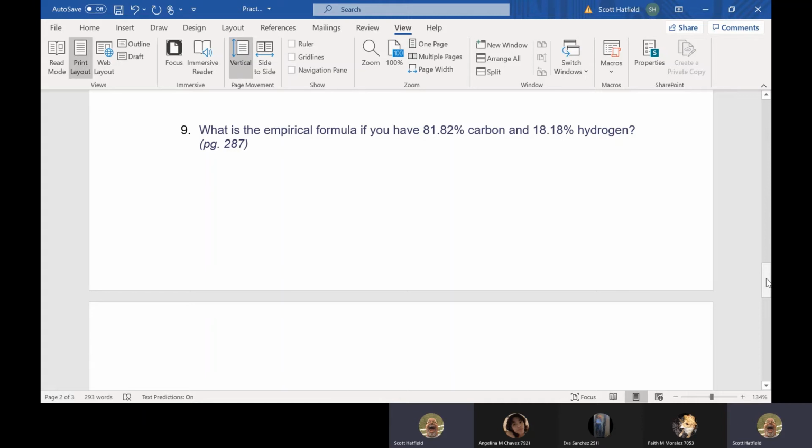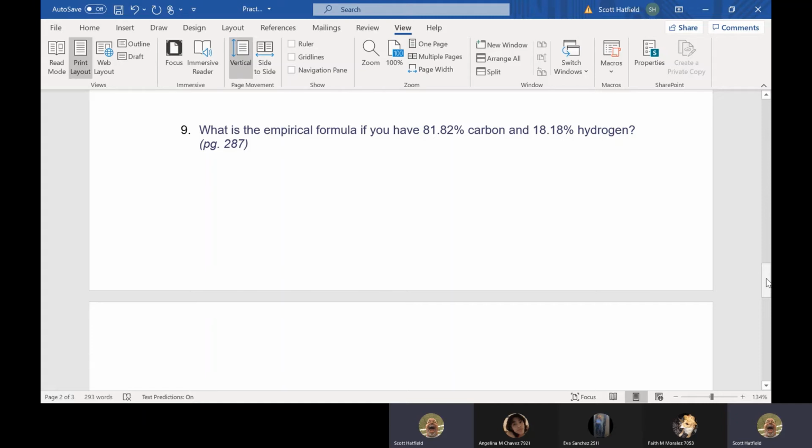This is not going to be like doing a molecular formula like H2O or CO2. This is going to be a formula that's actually just a ratio, a best guess based upon the fact that you've measured a sample and you've determined that it's a certain percentage of one element, carbon, and another percentage of another element, hydrogen.